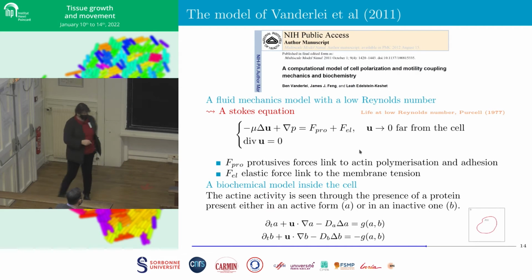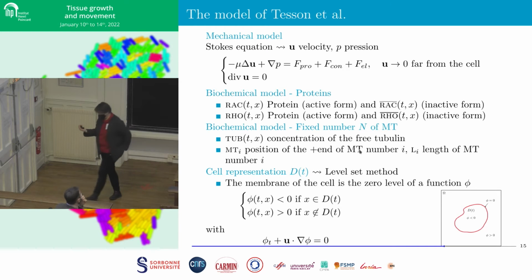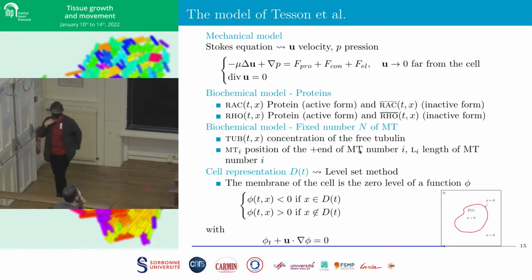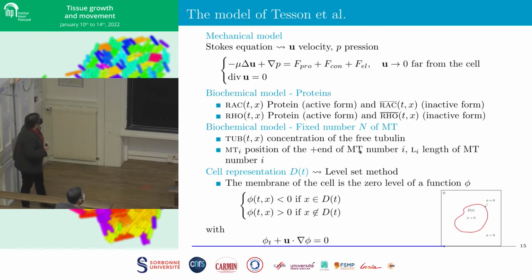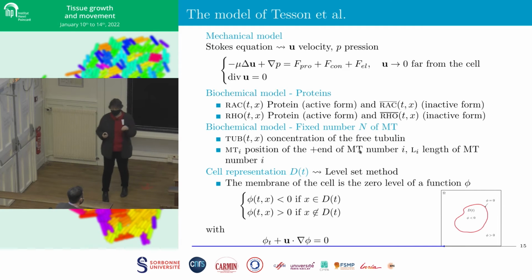Okay? So starting from this work, we decided to improve a little bit the description of the biochemical model. First of all, we will add the Rho protein in the system because we want to take into account the contraction forces at the back of the cells.